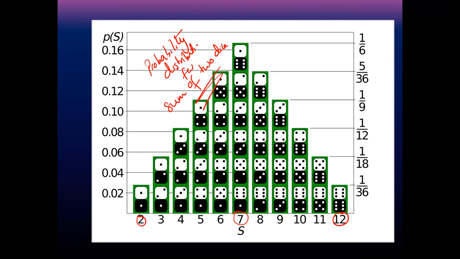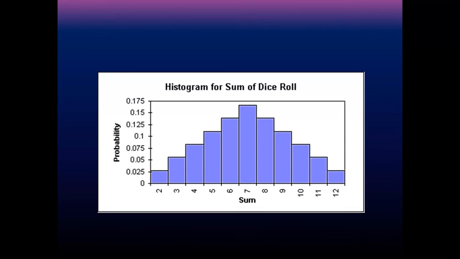Remember we calculated the 1/6 probability of getting a 7, and 1/36 probability of getting a 12 or a 2. Do you also understand that when you add up all of these probabilities, the probability of getting a 2, 3, and so on, you'll get 1? So that is a probability distribution.